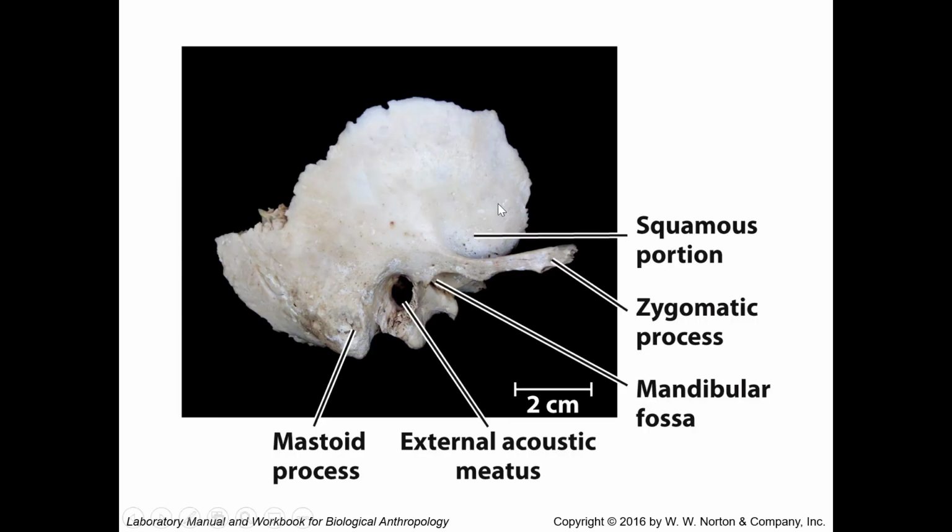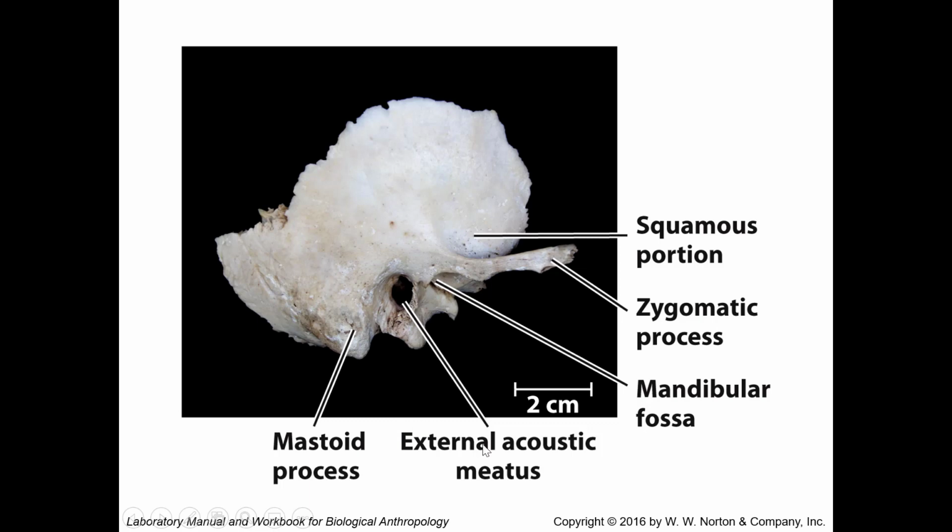So here's a closer look at the temporal bone on the ectocranial surface. Here's our squamous portion, and you can see that up here it would make the joint with the parietal bone. Here you can see our zygomatic process. It makes up that first half of the zygomatic arch, what we feel as our cheekbones.